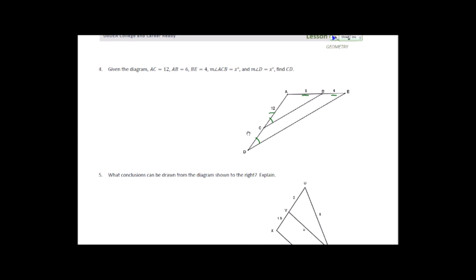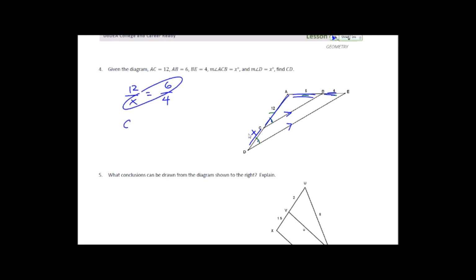Now, if these are equal to each other, then these lines must be parallel because they're corresponding angles. So I can use the side-splitter theorem. And so if I call this X, then I know that these are proportional to these sides. So 12 over X is equal to 6 over 4.